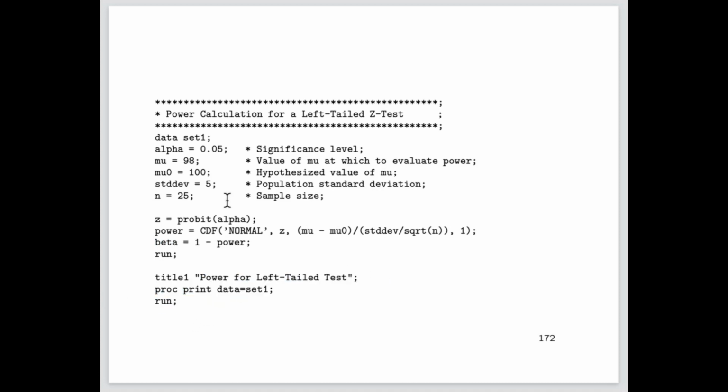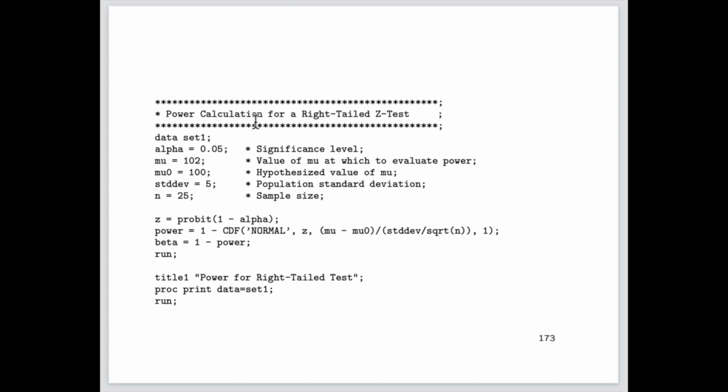Now, we have a similar kind of SAS code for calculating the power for a left-tailed test, and I'll let you look through this and make sure that you understand all these statements. And then finally, we have the SAS code for a right-tailed test. So look through this and make sure that you know what these statements are doing.